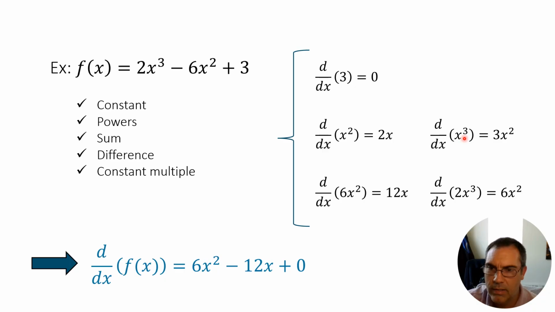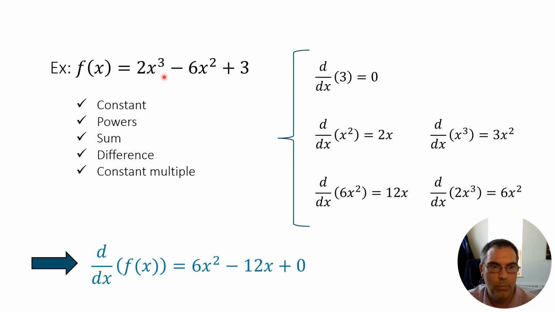And then here, instead of just x cubed, we have 2x cubed, so I need 2 times 3x squared, which is 6x squared. So now I have the derivatives of all the different pieces in here. 2x cubed, 6x squared. 6x squared, 12x. 3, 0. I have the derivative of all these pieces.